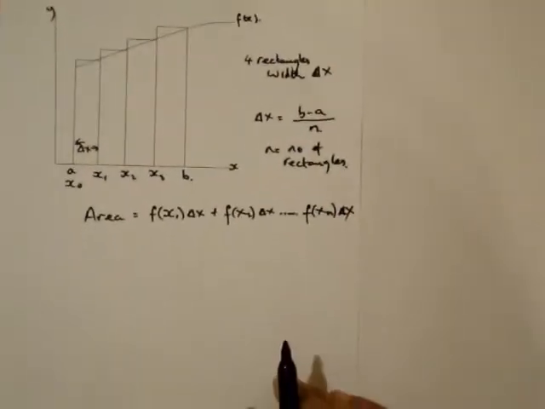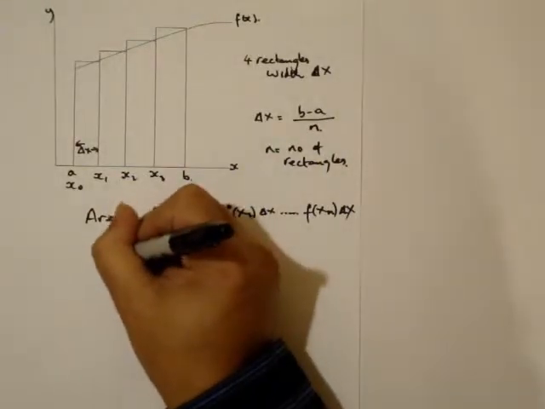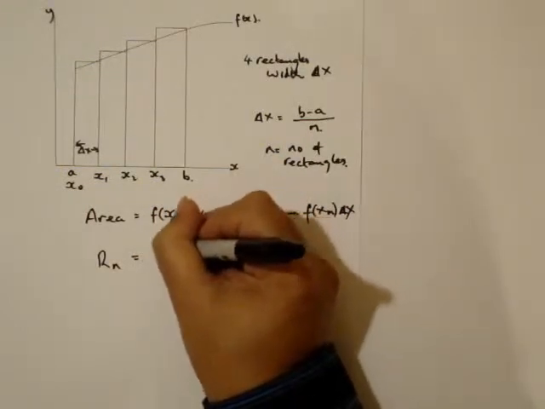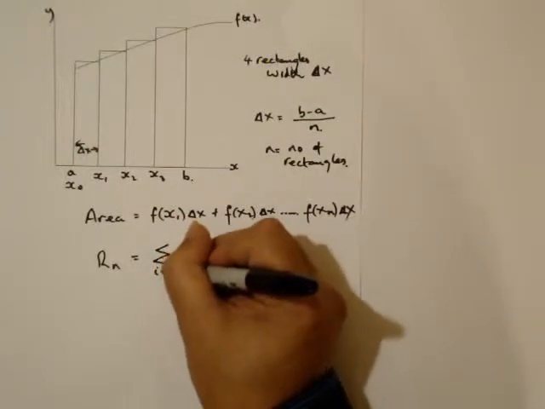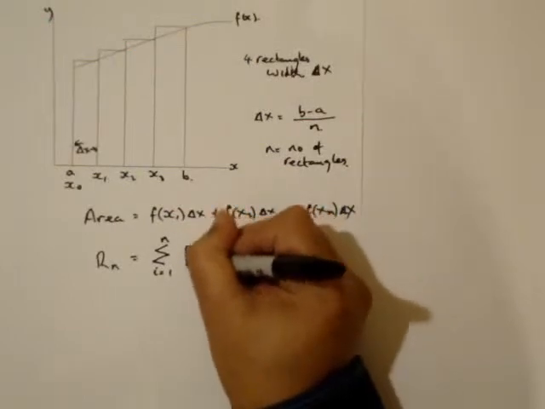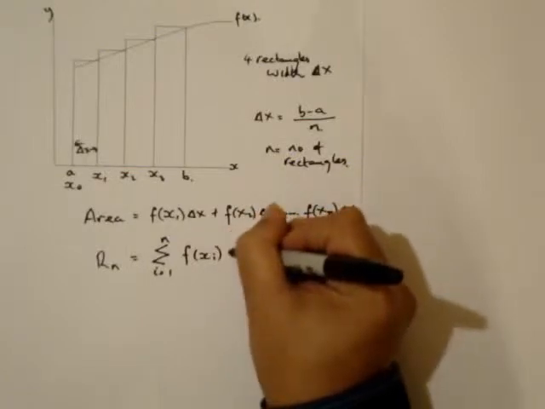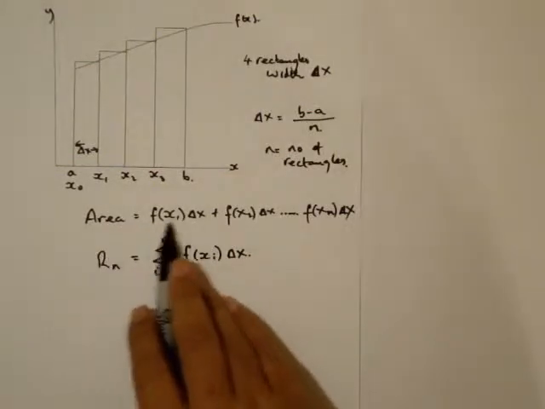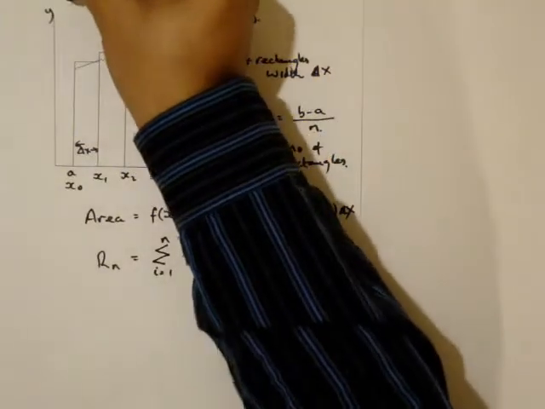If we now represent this as a Riemann sum, so Rn equals the sum from i equals 1 to n f of xi delta x. So this represents this whole sum that we have to do, and again this is called a right hand sum.